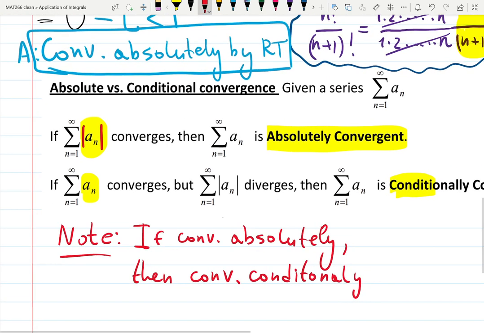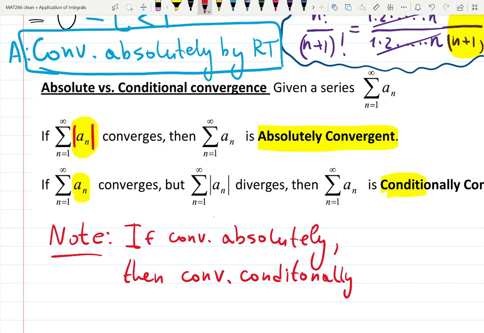One is stronger than another. Absolute convergence is called a strong condition, because from that condition, the second one follows. So this arrow means follows. If, then. Because if it converges by absolute value, it also converges without absolute value, but not the other way around. So the second one is a weak condition.